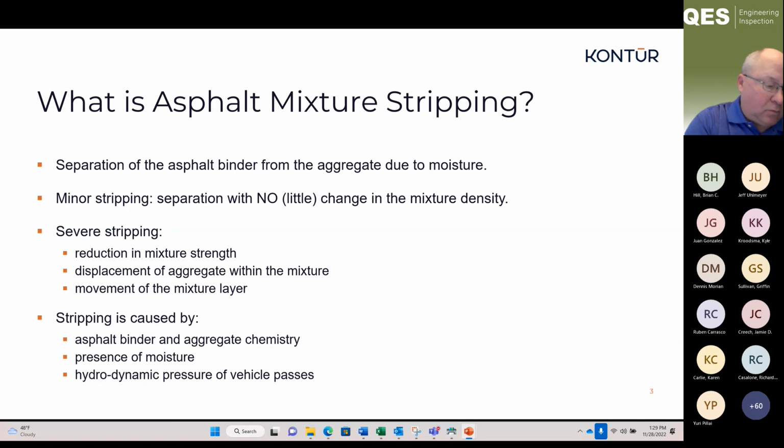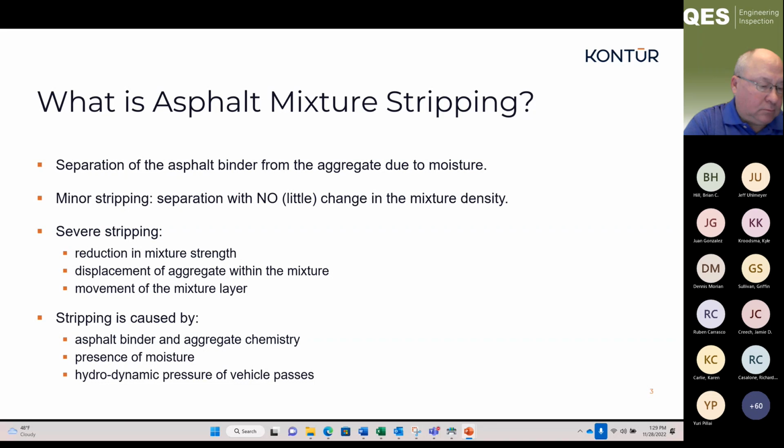And I've seen some very significant mixture layer movement, but it's typically not that surface mixture. It's going to be a mixture down below that has the stripped issues. So we need to understand that the stripping is caused by the chemistries of both the asphalt binder and the aggregate. We try to address that as much as we can at mix design time, but it does still occur because we don't always get positive test results to work with.